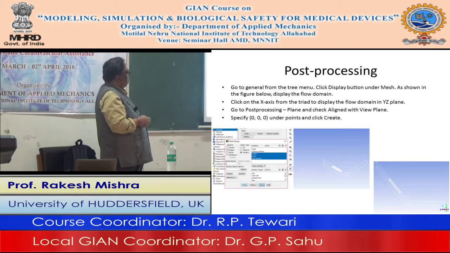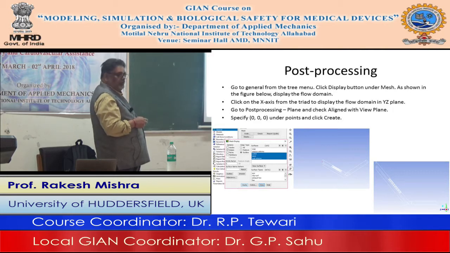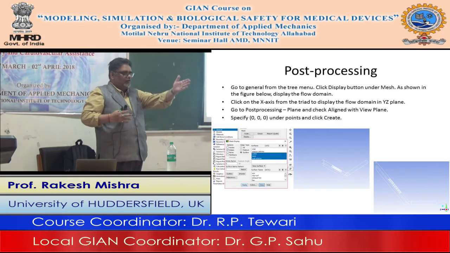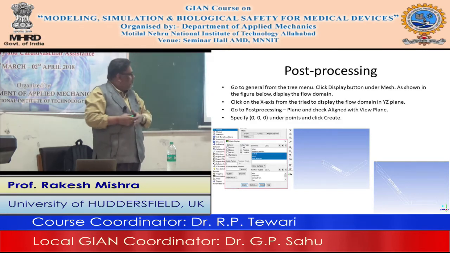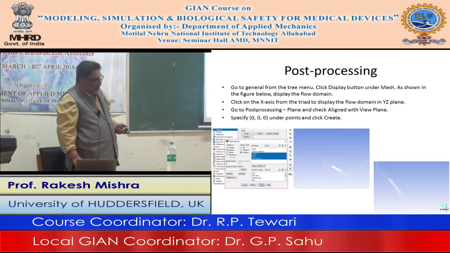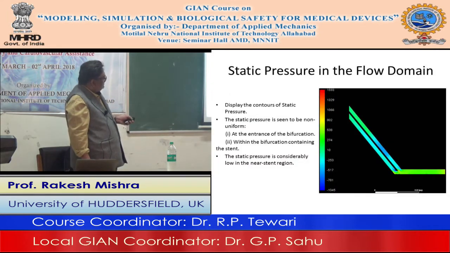So for example, if you go to post processing and go to plane, and check aligned with the view plane, we can create new planes on which we can see the flow, because in a three-dimensional system you would like the flow to be seen on a plane. So you can create planes, and this one goes through the center of the bifurcation.